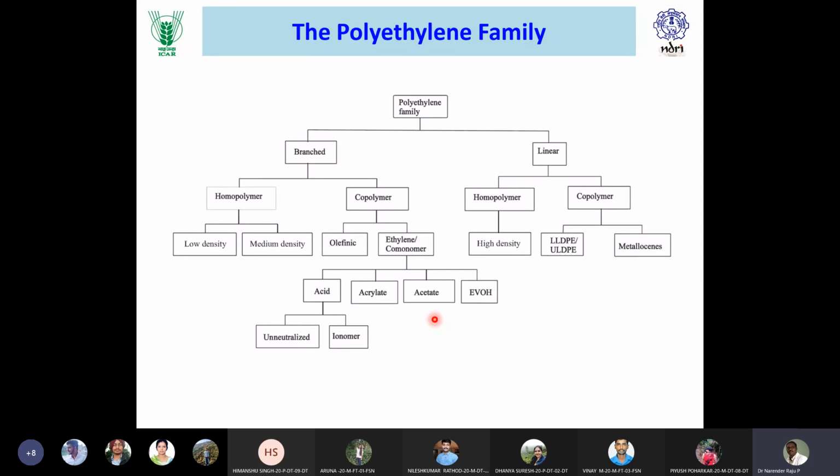Tackability is the ability of a material to bind with another material, in other words, the adhesion property of the material. So hot tack means the ability to act as an adhesive in hot condition.